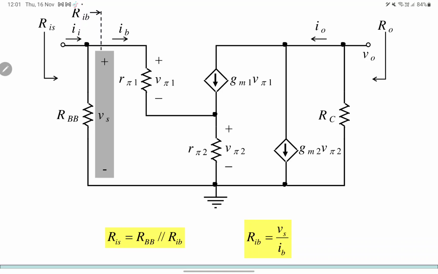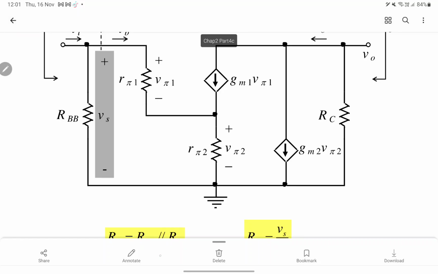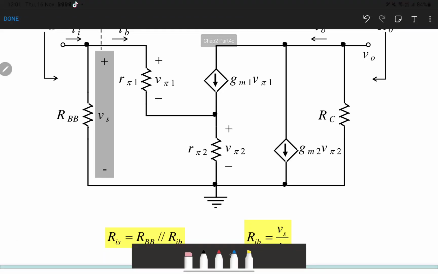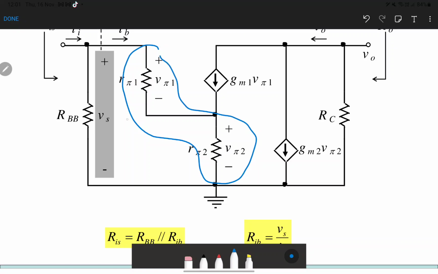So the input impedance is RBB in parallel with the total resistance of the transistor. We name this internal resistance of the transistor as RIB.